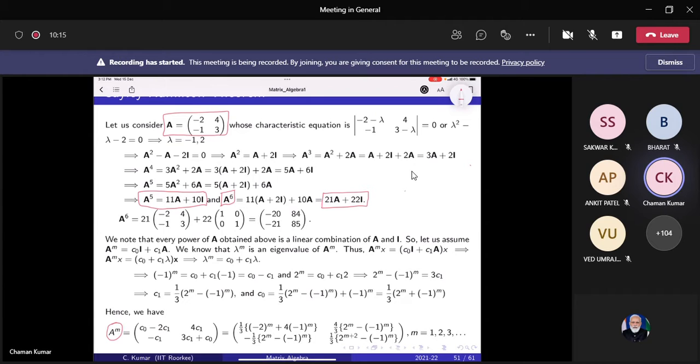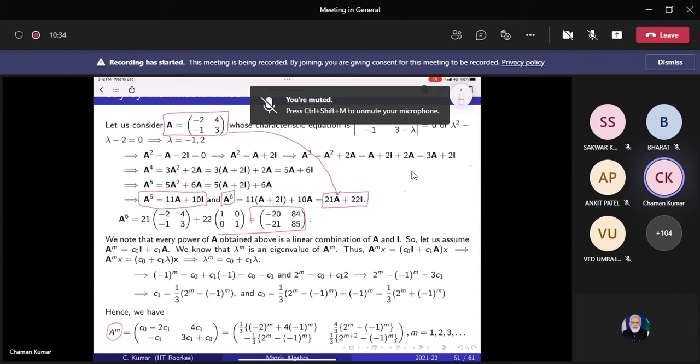Fine. So now if I ask you to calculate the value of A raised to 6, so A raised to 6 is 21A plus 22I. You substitute the value of A here and the identity matrix, add them together. So A raised to 6 will come out to be this matrix.